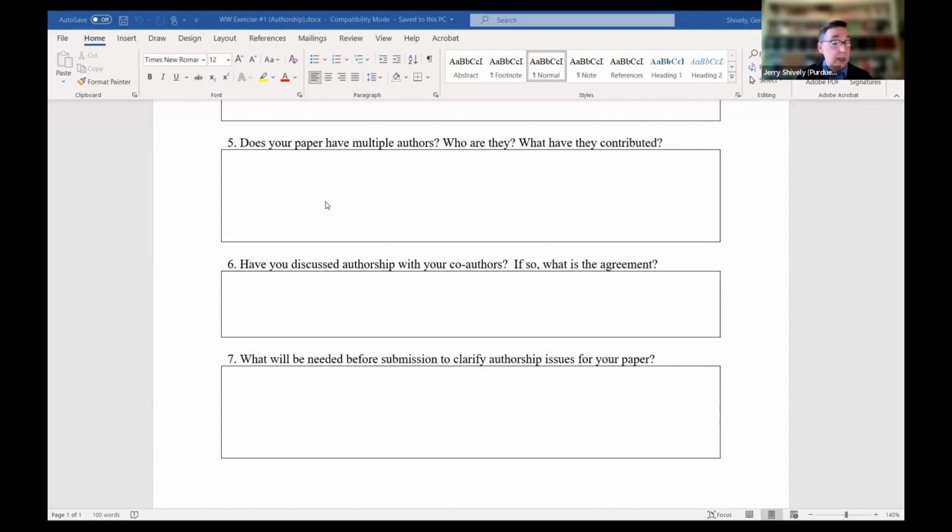So I'm just going to pause here for a couple of minutes and give you a chance to either jot these ideas down on a worksheet if you have it at hand, or if you don't, just reflect on it a little bit on a pad of paper and think about how authorship applies in the case of a paper that you're working on currently.